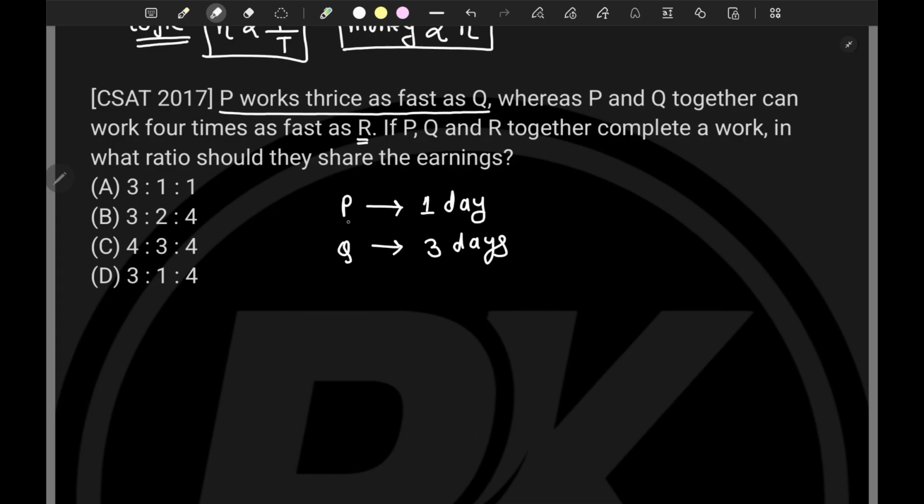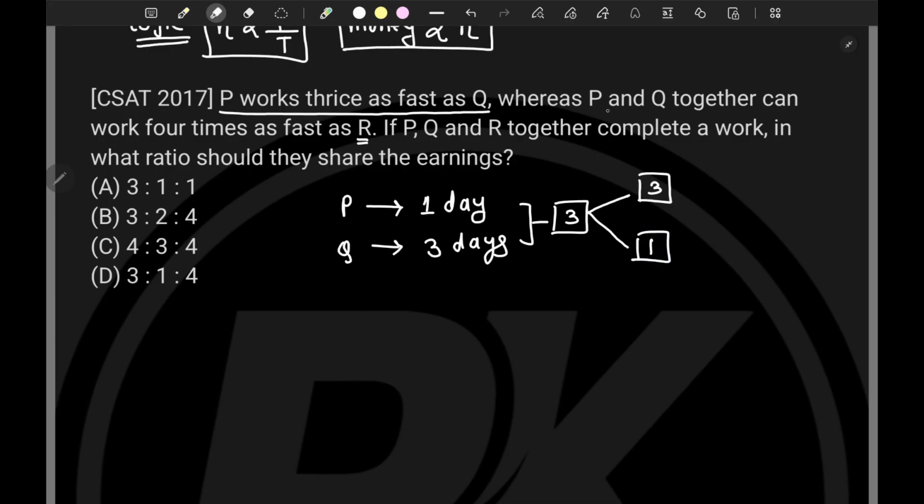And hence P is completing that work in, let's say, one day. Q is completing that work in 3 days. Again, same logic. What is the LCM here? 3. So in one day, P is completing how much portion? 3 portions, right? And Q is completing how much portion? Again 3 divided by 3, only 1 portion.